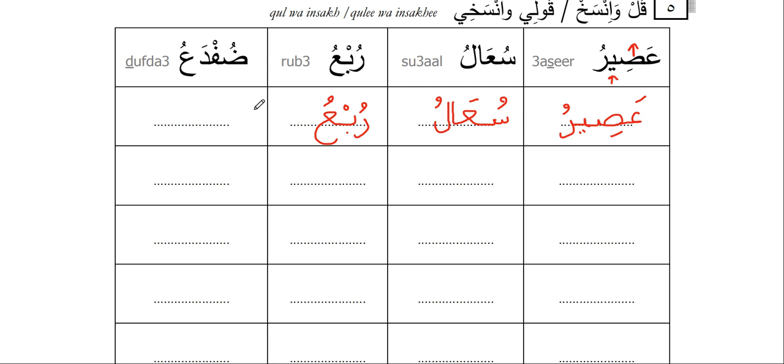Now Dof, Da'u. My sound is heavy here. Dof, Da is light, U is moderate. So the eye of Dad, Dof. Now the tail, continue with the tail, make a Fa.